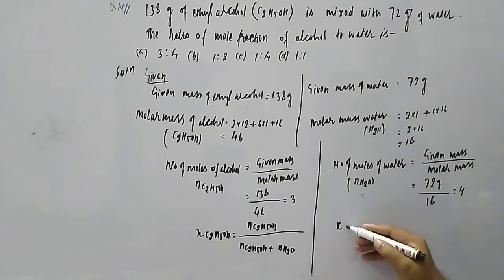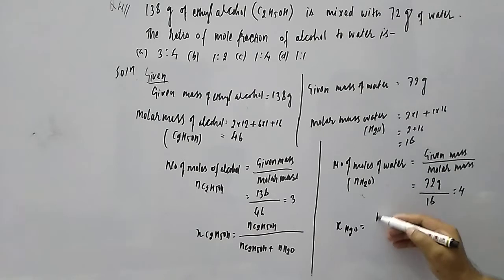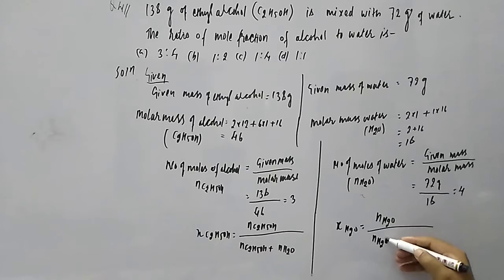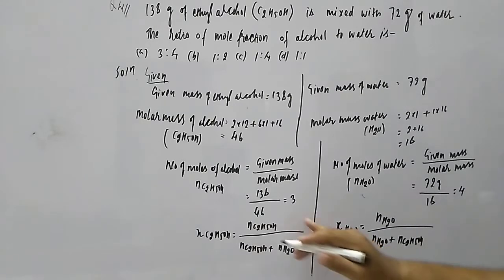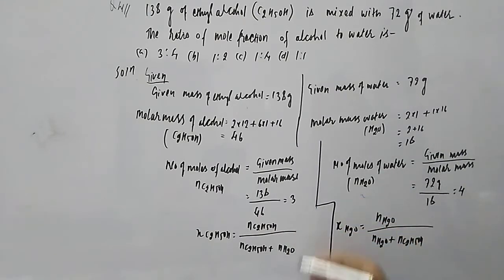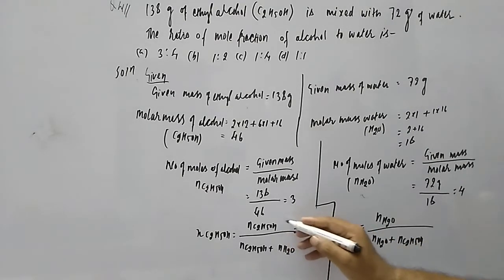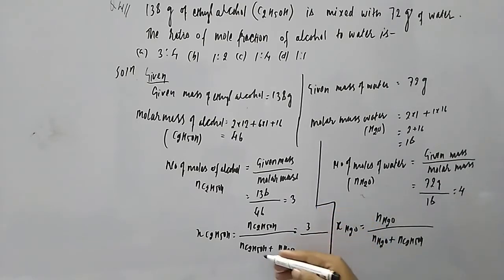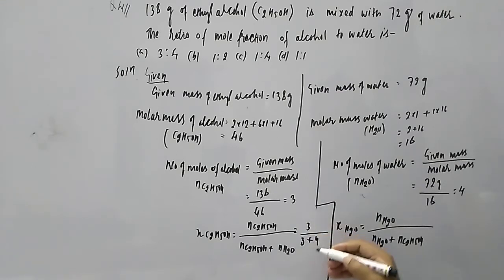Similarly X of H2O is n of H2O divided by n of H2O plus n of C2H5OH. Putting the values in the formula, 3 divided by 3 plus 4, so it is coming 3 by 7.